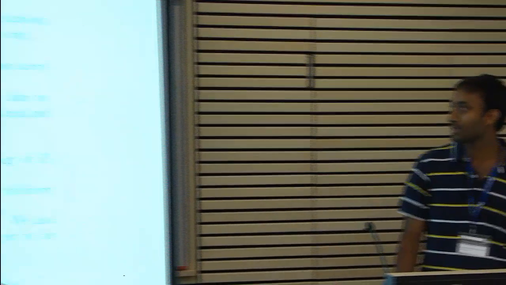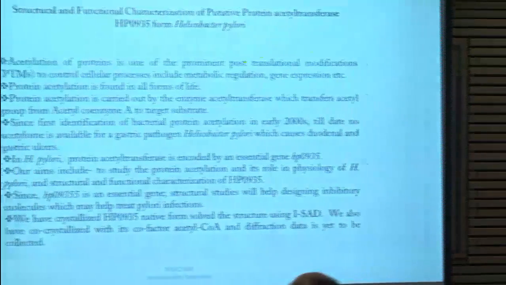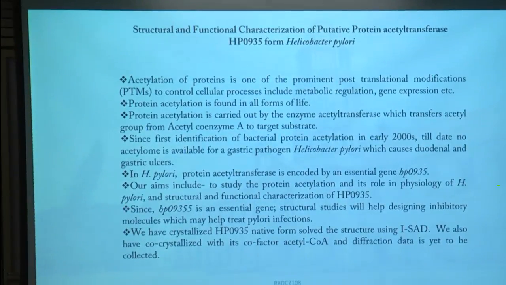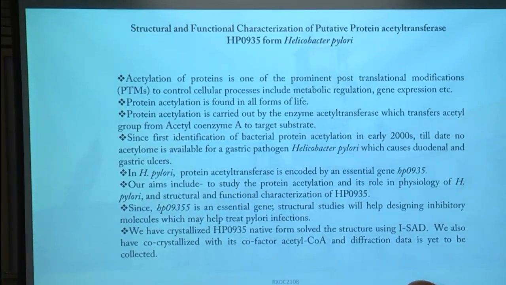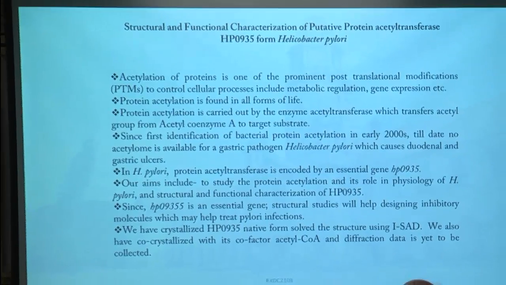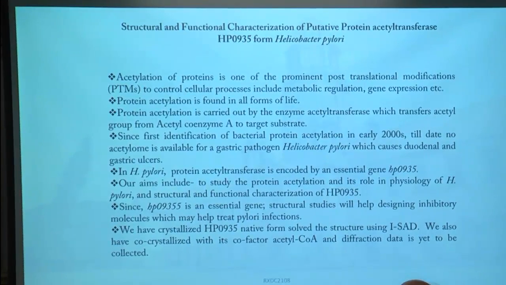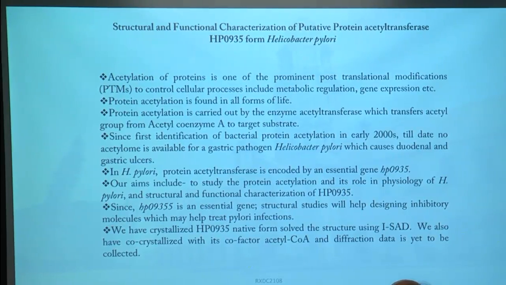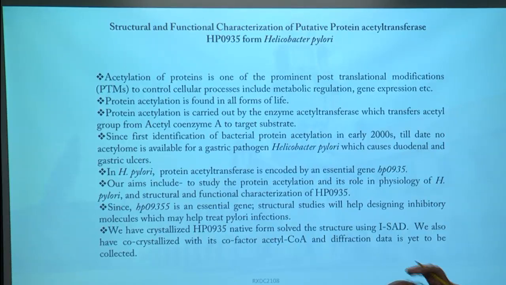Acetylation is one of the predominant post-translational modifications found in all three forms of life. Acetylation basically means you have an acetyltransferase that transfers the acetyl group from acetyl-CoA to a protein. It could be at the alpha position of the N-terminus amino acid, or on the epsilon position of a lysine residue.